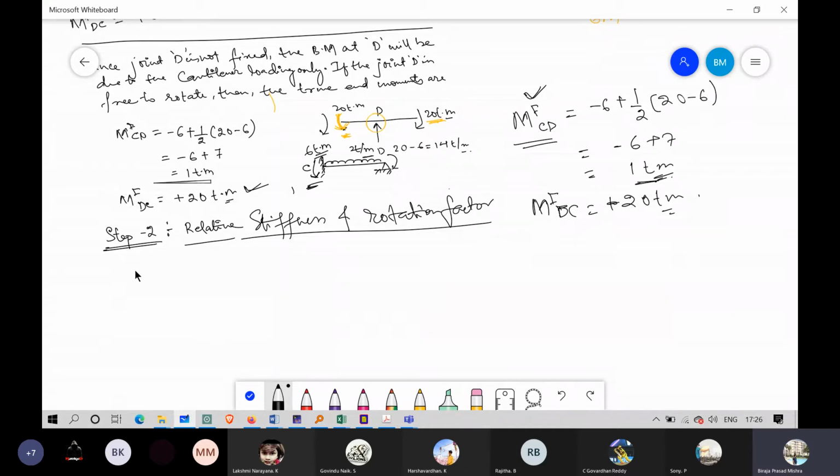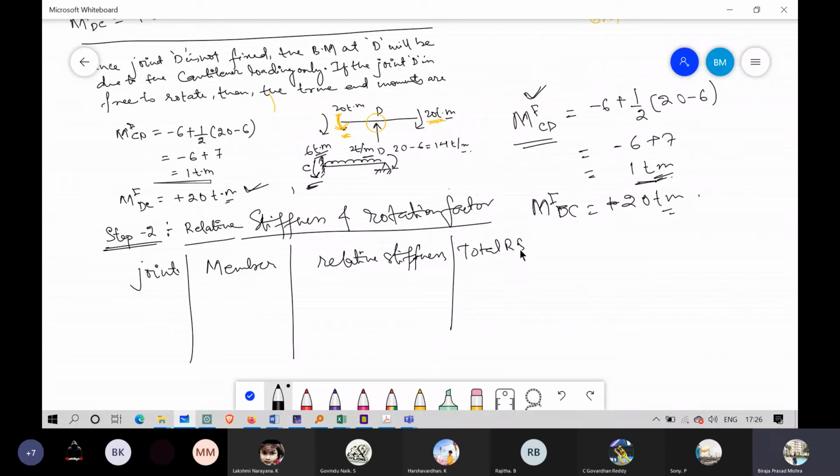Okay, so let us draw the table. The first one is joints, then member, then relative stiffness, then total RS, I am writing RS for relative stiffness, followed by the distribution factors DFs, and this one is the rotation factor.